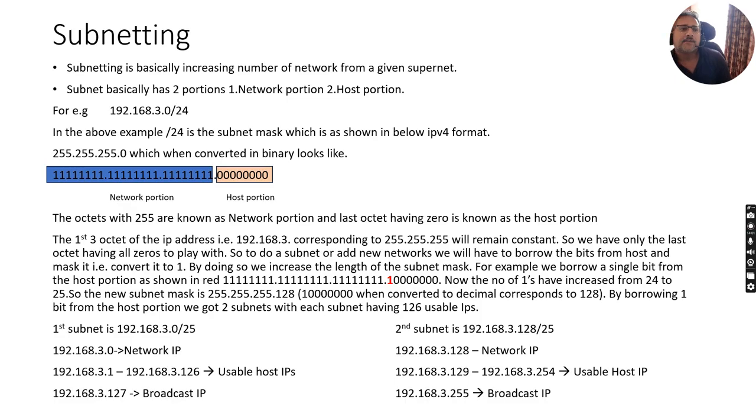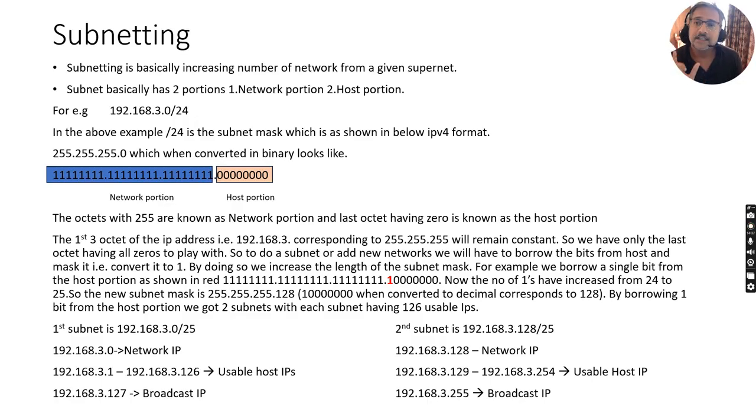Your manager, or maybe the one who is managing the IP addresses, will provide you this block of IP addresses or CIDR block, and he will tell you, okay, break it into different subnets as per your requirement and use it. Now you are assigned a task to break this subnet into smaller subnets. So how do you break it? He has given you a /24 subnet mask.